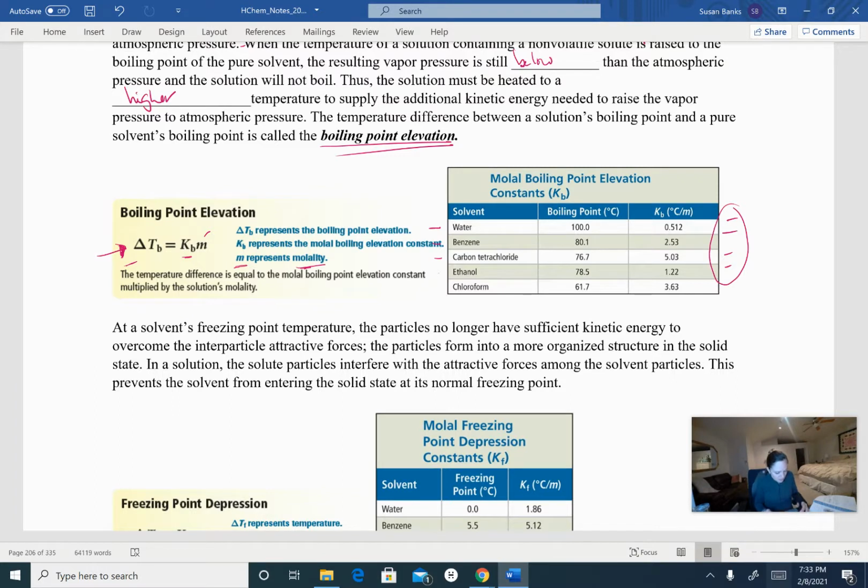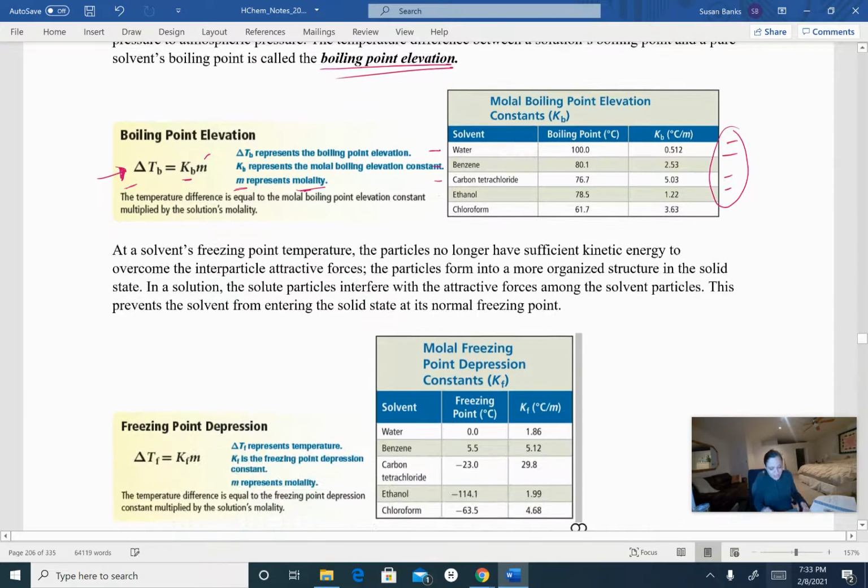In solution, the solute particles interfere with those attractive forces and don't let them actually go into that crystalline structure. It kind of messes up the crystalline structure. Okay? This prevents the solvent from entering into that crystalline structure to form the solid state at its normal freezing point. It's kind of like an impurity that messes up that structure.